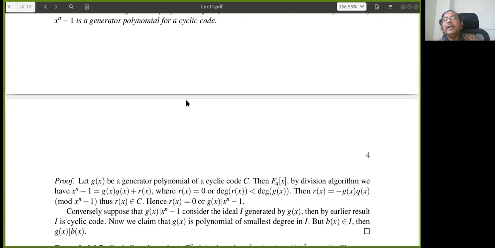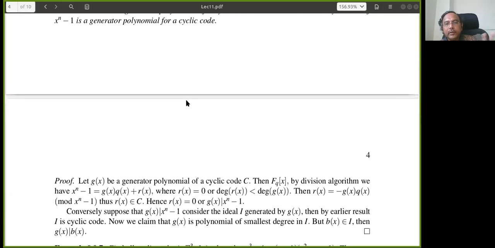Since I am in a field, I can divide the highest power coefficient a_n, and divide the entire polynomial by it, so I can assume it is 1. That polynomial exists for sure, so it is unique, and that is the generator.